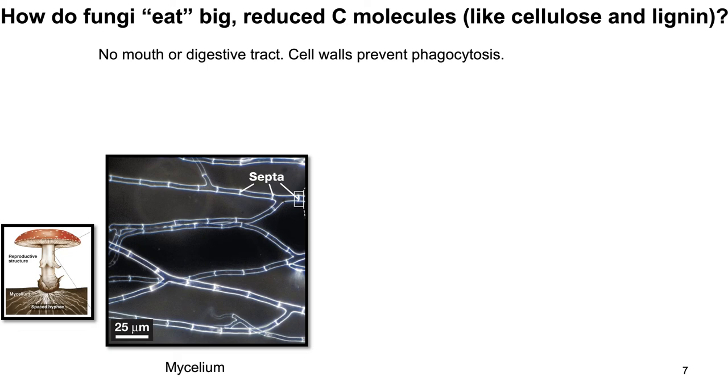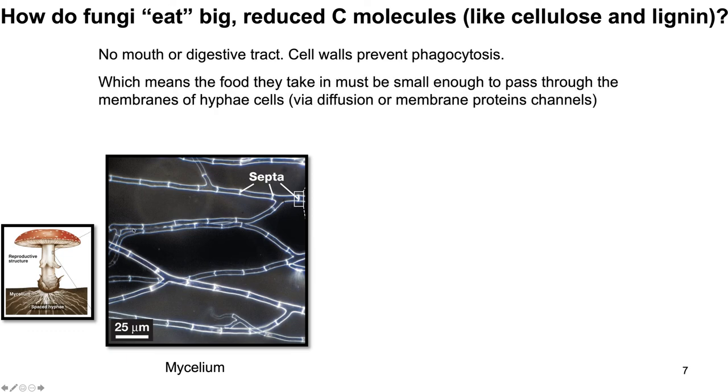So how do fungi eat these big reduced carbon molecules like cellulose and lignin? Remember, they don't have a mouth, they don't have a digestive tract, and they also have cell walls that prevent phagocytosis, or that pinching off of a food particle. So if you were to zoom in on the hyphae that make up the mycelium, you'd see that these are chains of individual cells that make up the hyphae.